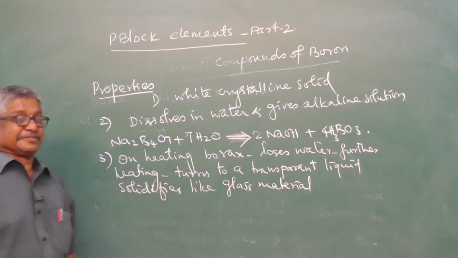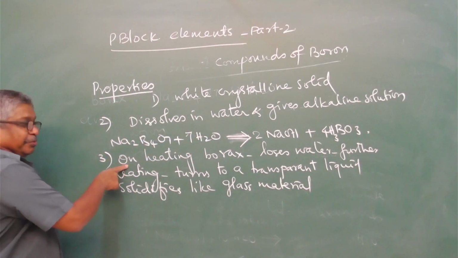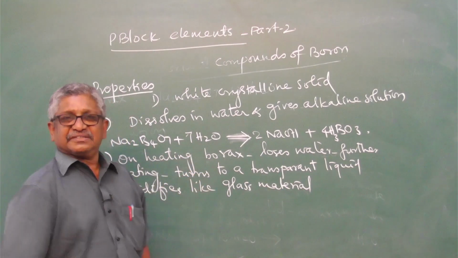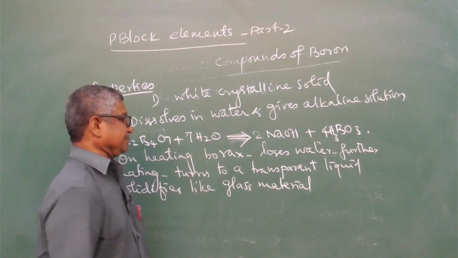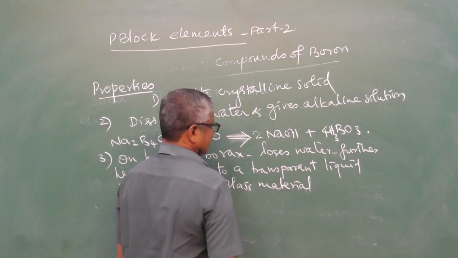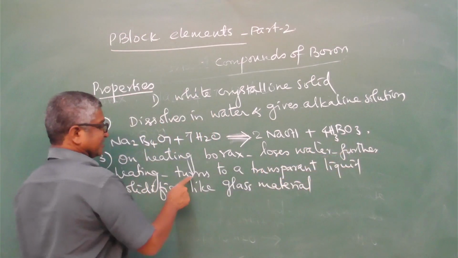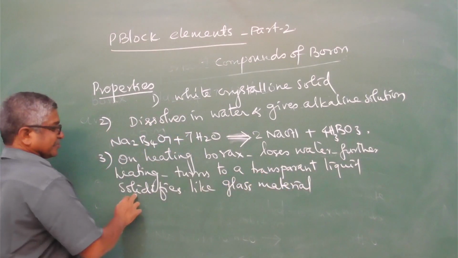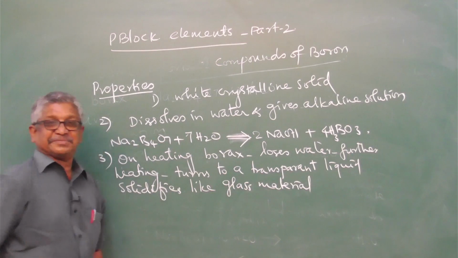So borax on heating, having 10 water molecules, loses water, further heating turns to a transparent liquid and solidifies like glass material.